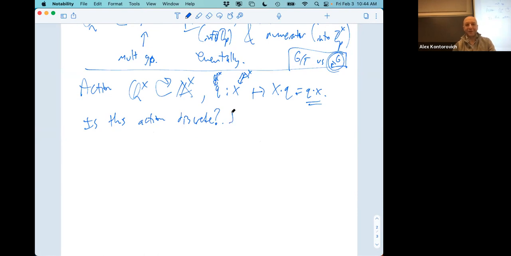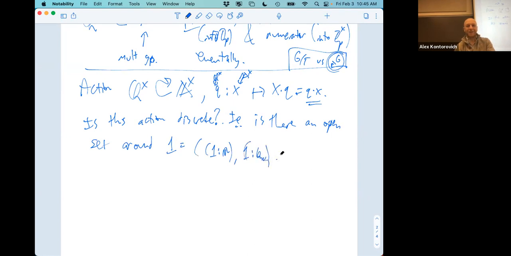But let me just say, is there an open set, which is why we need a topology, around not zero, but the multiplicative identity 1, which of course, 1 as a rational number means 1 of type R, 1 of type Q2, and so on, the diagonal embedding. Around this point, having no other Q star points in it.